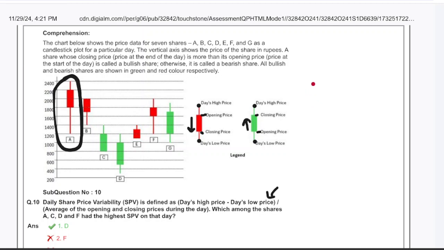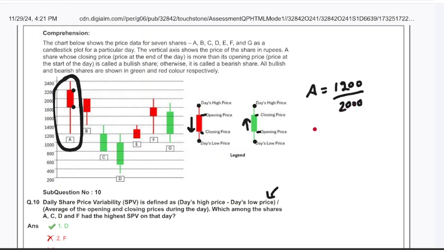Let's do it here only. For A, it is 1200, divided by the average of opening and closing. Now this is opening and this is closing. So it is 2200 plus 1800, that is 4000. Divide by 2, so this is 2000.